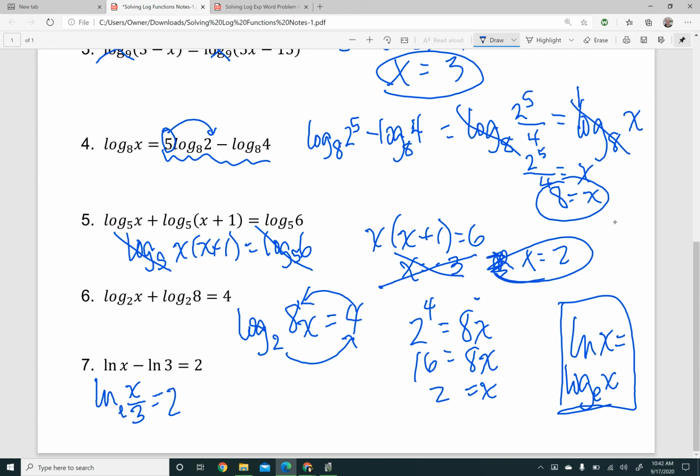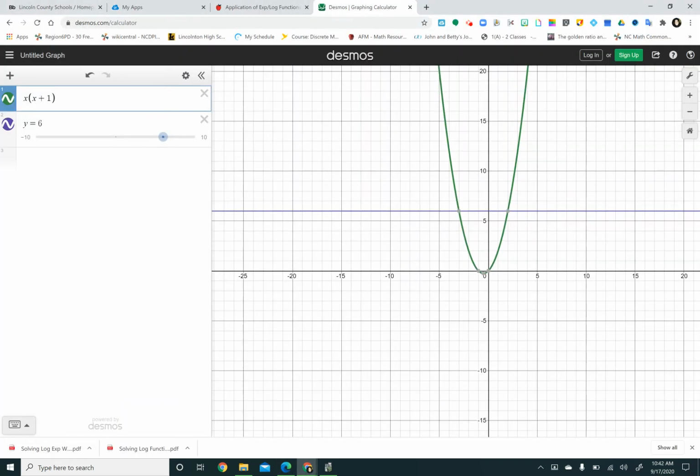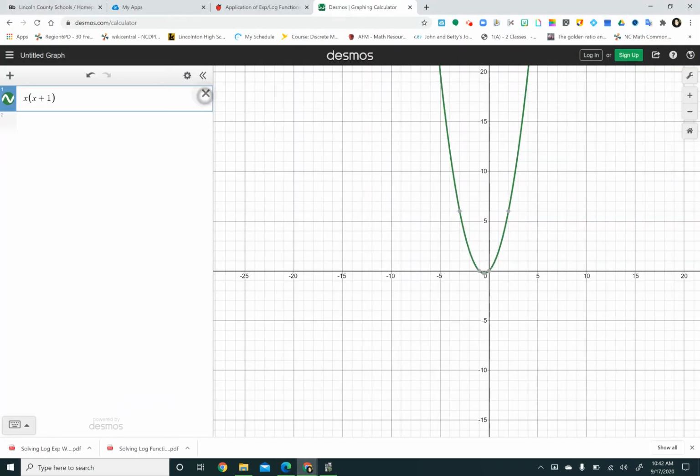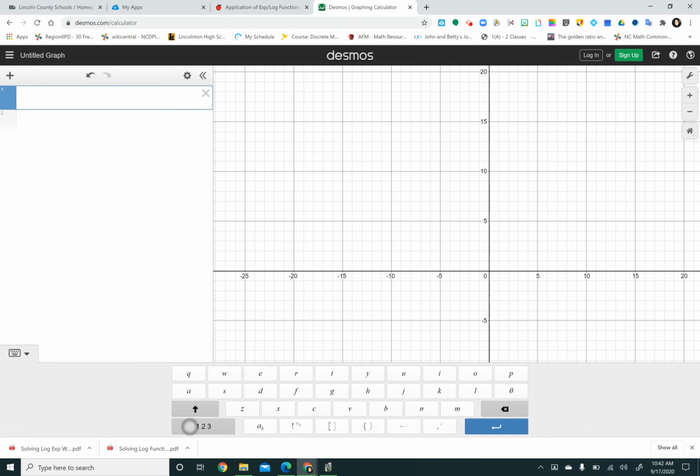So when I rewrite this, I would say e squared equals x over 3. And so that's what I would put in my calculator. I would put e squared equals x over 3. So I don't have an e as a number, but my calculator recognizes e as a number.